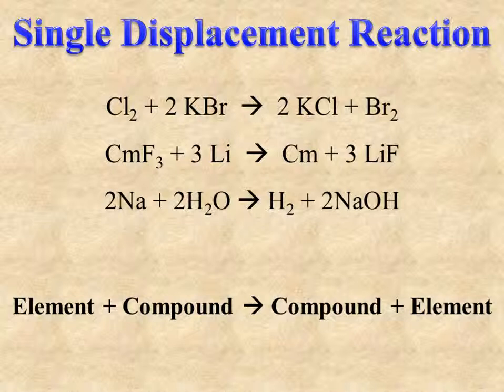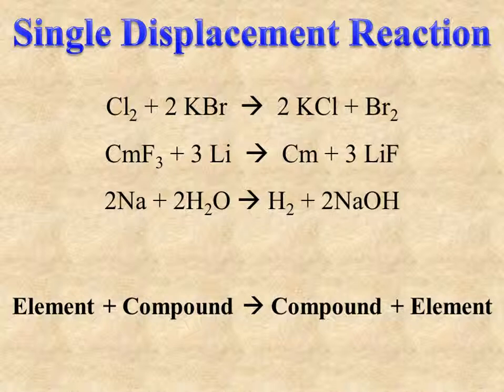If chlorine's a nonmetal, wants to gain electrons, has a negative charge, it's going to be attracted to the positive potassium ion. So chlorine will try and displace the bromine, and if it's successful, then we would see the products formed, potassium chloride and bromine. If it's not successful, then nothing happens, and you still have the original chlorine and the potassium bromide.